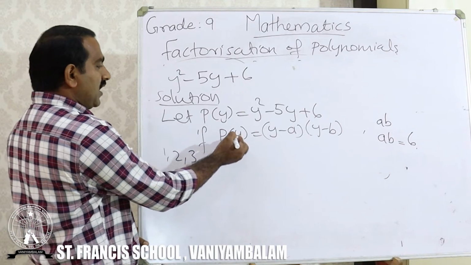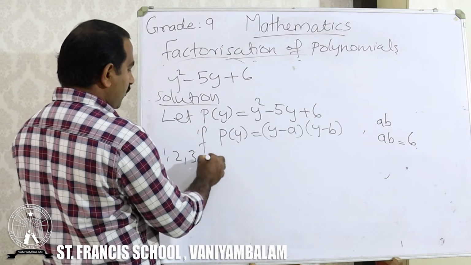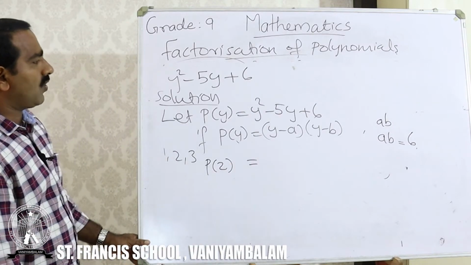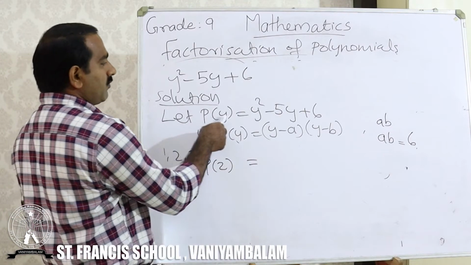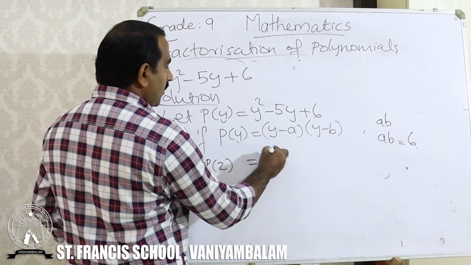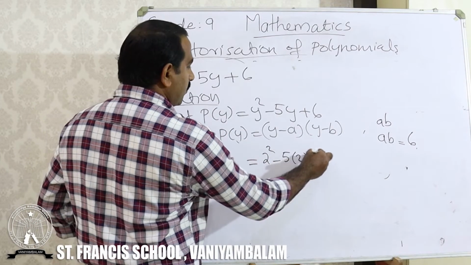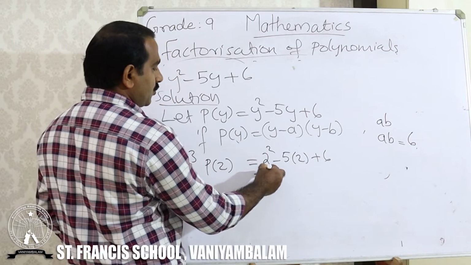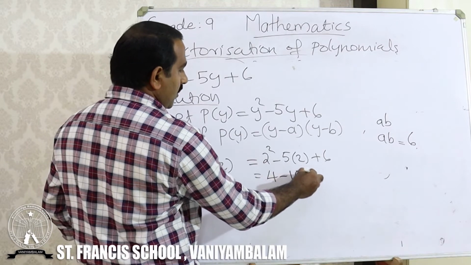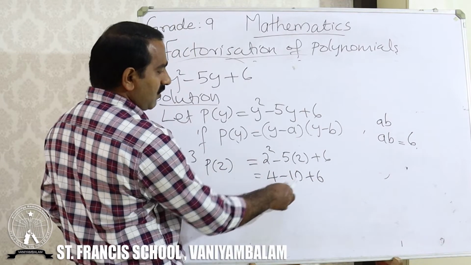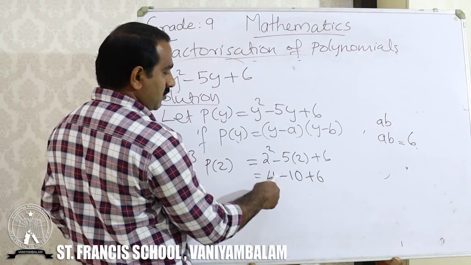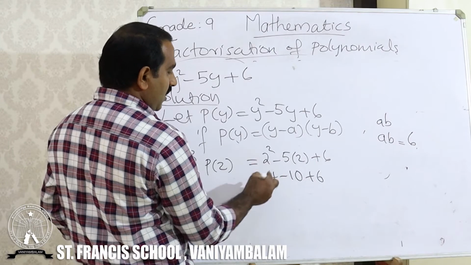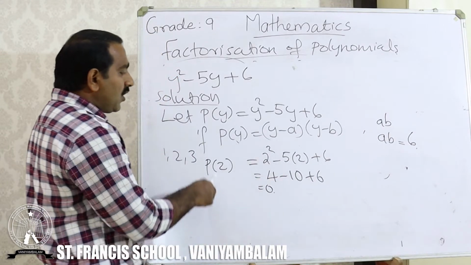Now what is p of 2? Put y equals 2: 2 square minus 5 into 2 plus 6, which is 4 minus 10 plus 6. 4 and 6 are positive, so 4 plus 6 is 10, minus 10, the answer equals 0.